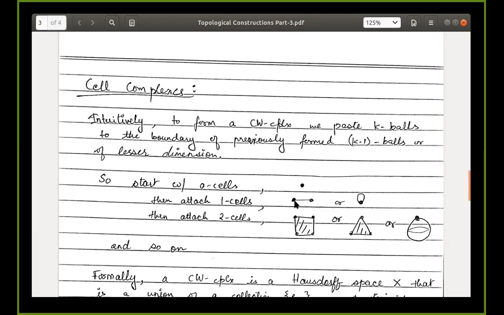Similarly here, a one cell is getting its boundary glued to two zero cells. Here, the same one cell is getting its boundary points glued to a single zero cell.